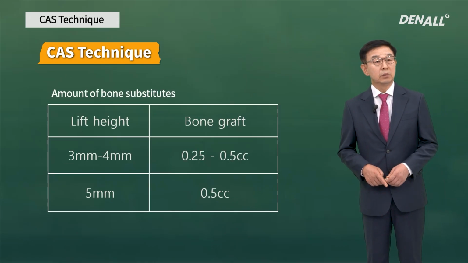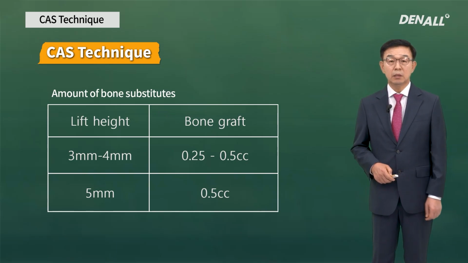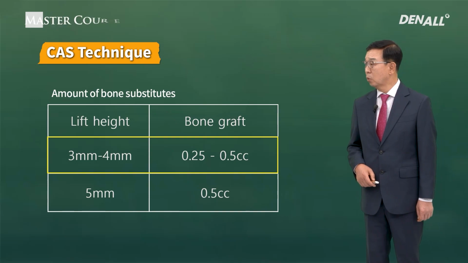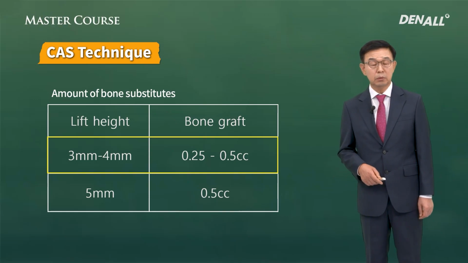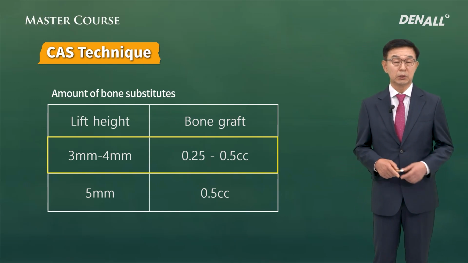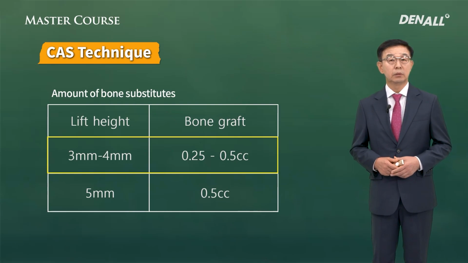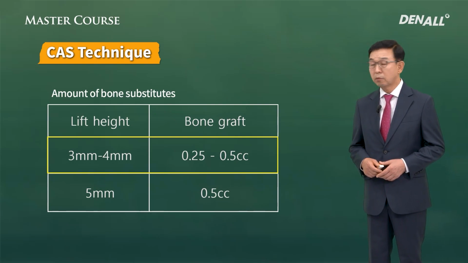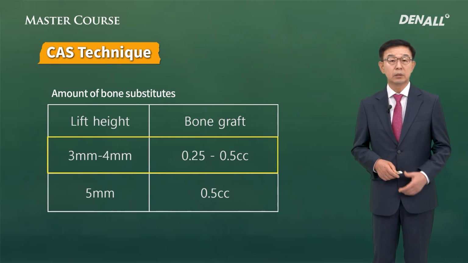In the case of the crestal approach, unlike the lateral approach, when we do bone graft, we determine the amount of bone graft and then proceed with the surgery. It's a blind technique. If you put it in excessively, the sinus membrane can be perforated.